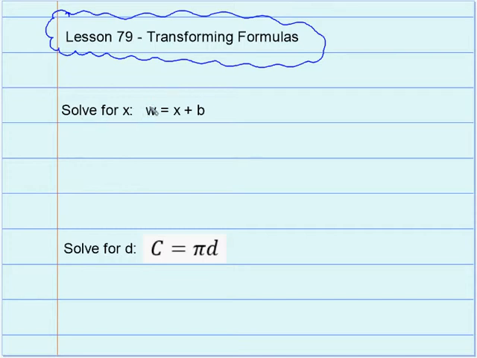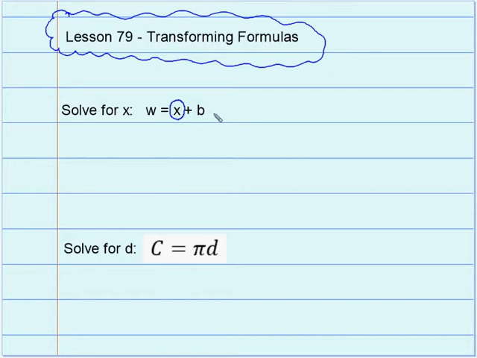So if we have w equals x plus b and I want to solve for x, I can identify where my x variable is, and I need to isolate that on one side. That's what it means to solve. We need to isolate it. So I need to look at this and say, well, what operation is currently happening with x?